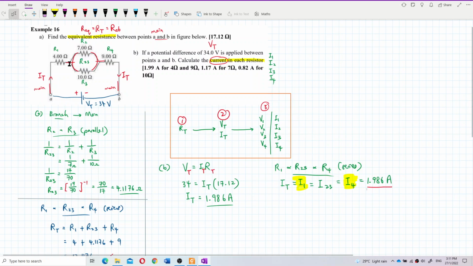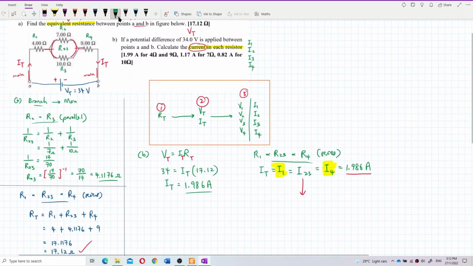Now I need to find the current I2 and I3, the current passing through resistor 2 and resistor 3. I don't have that yet, so I will need this I23. I1 and I4 I solved already.